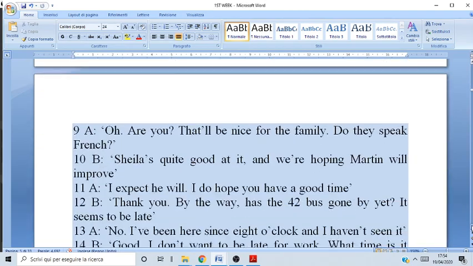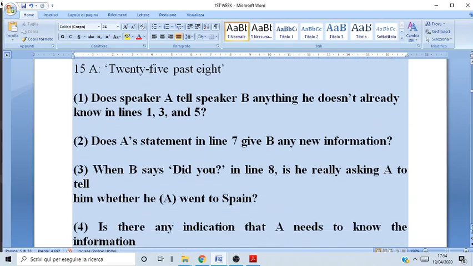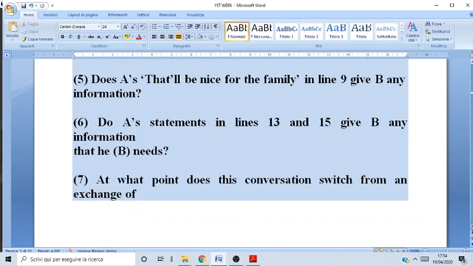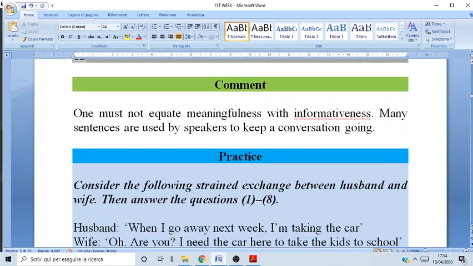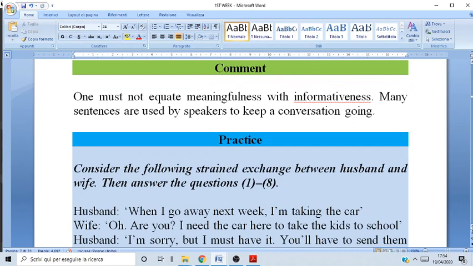And then we compared two texts, one about the bus stop, and the other one was the husband and wife text. And we said that, number one, meaningfulness does not always mean informativeness. This means that we can create a perfectly correct sentence in English that is meaningful from a grammatical point of view, but there are some sentences that do not give us further, new information.